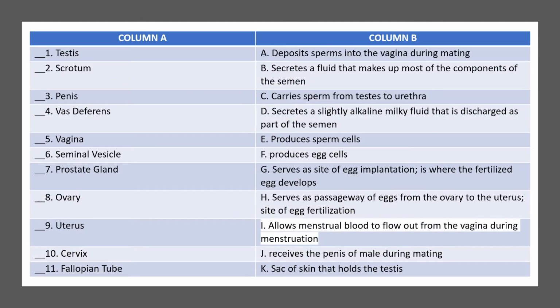So here are the two columns, column A and column B. All you have to do is to match the parts and the functions. So may I ask you to pause this video for a while and answer it in your notebook. Happy working, everyone!